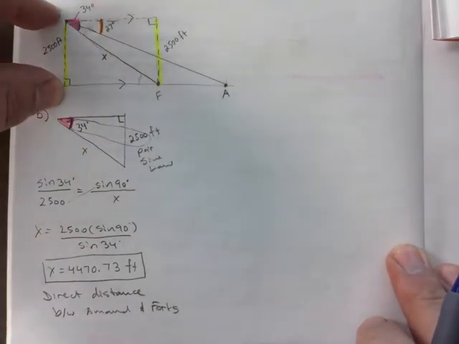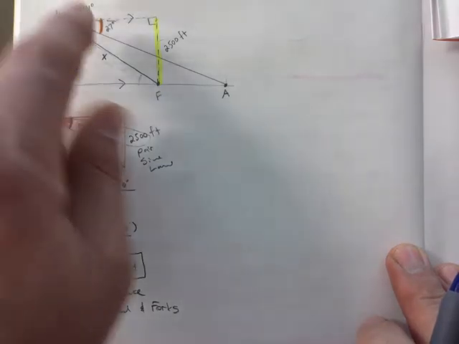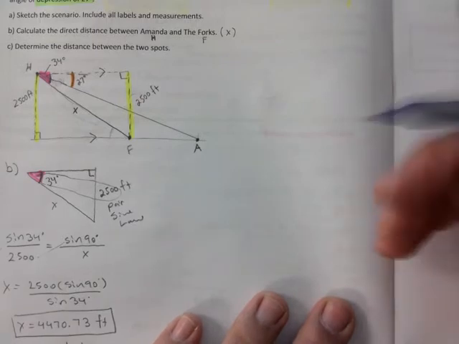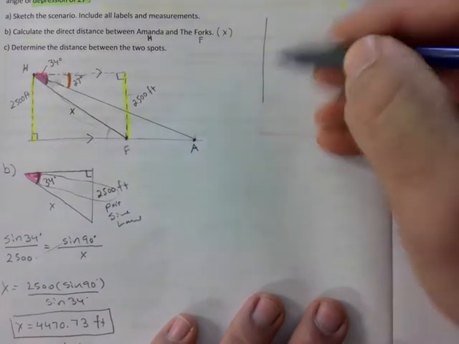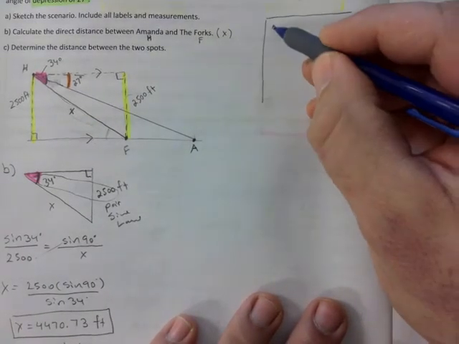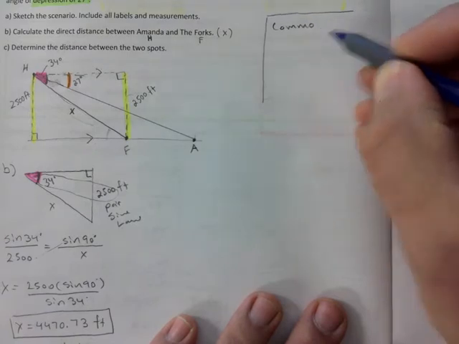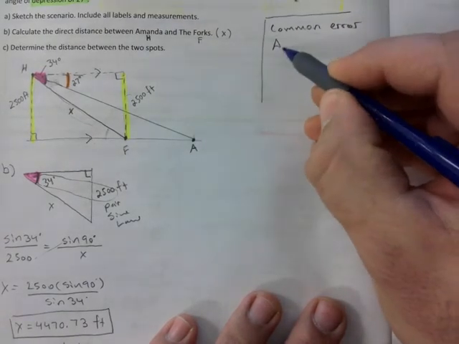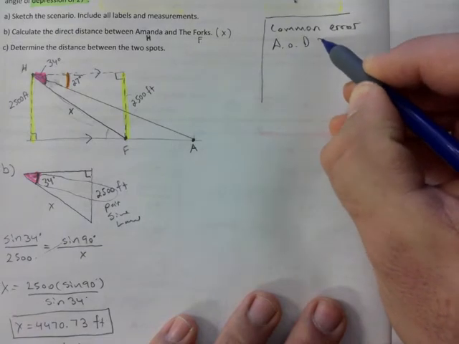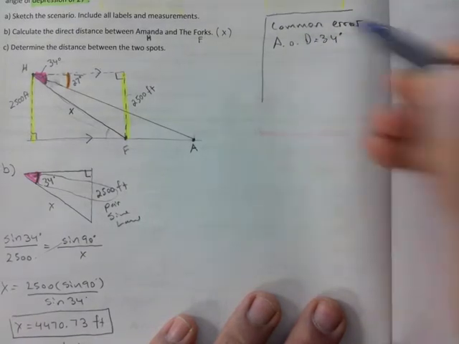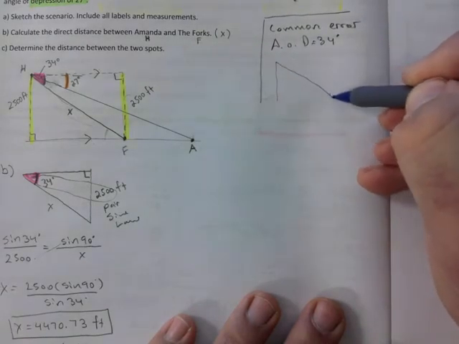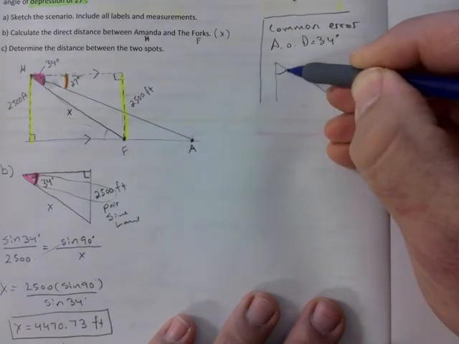It's always the same. Please also remember, I will actually do this because it happens often enough. This is a common mistake. With an angle of depression of 34 degrees, a lot of students will put the 34 here at the Forks.